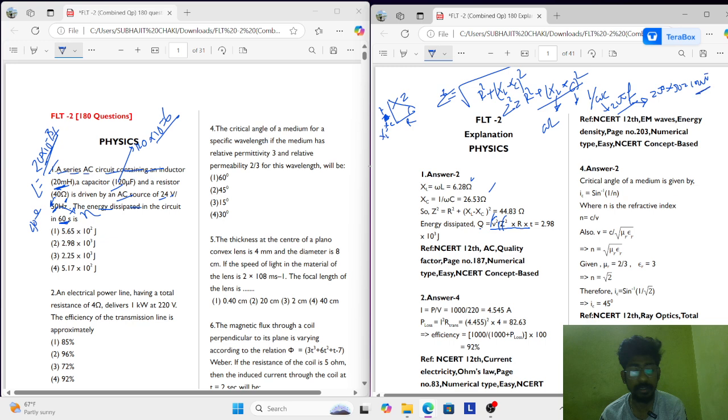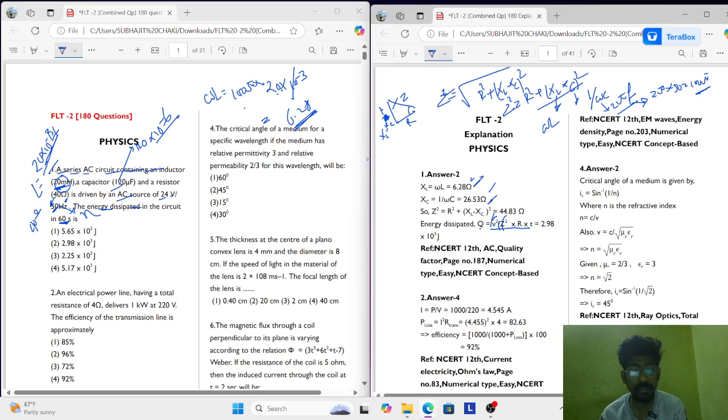Then omega L is 100 pi into 20 into 10 to the power minus 3, which means 20 into 10 to the power minus 2 times pi. Multiplying 2 into 3.14 gives 6.28, so XL is 6.28 ohm.